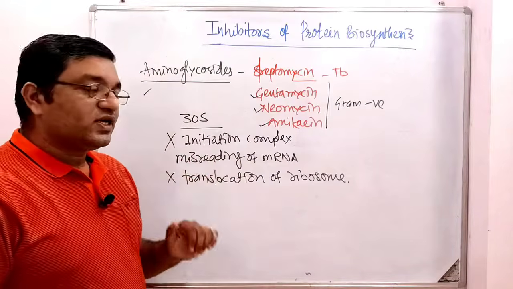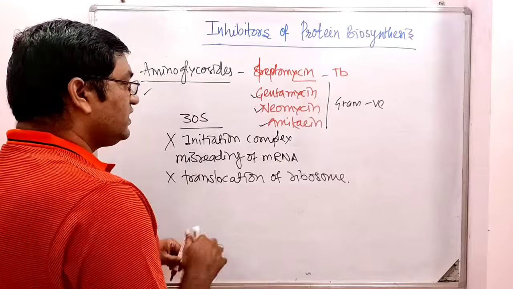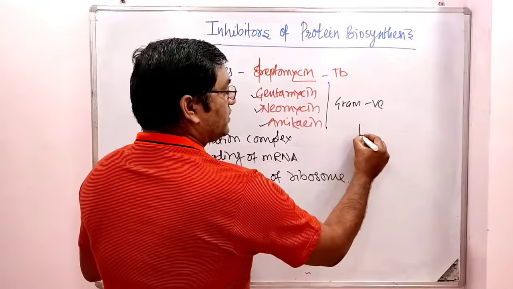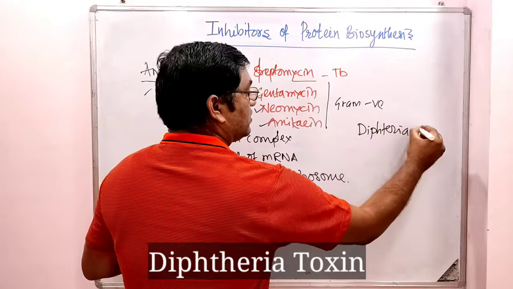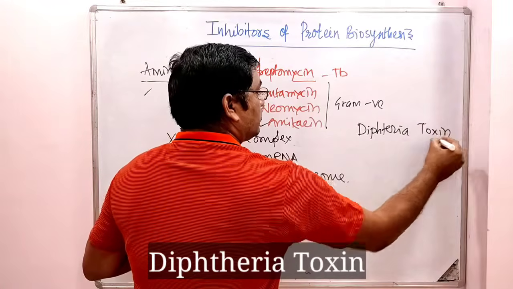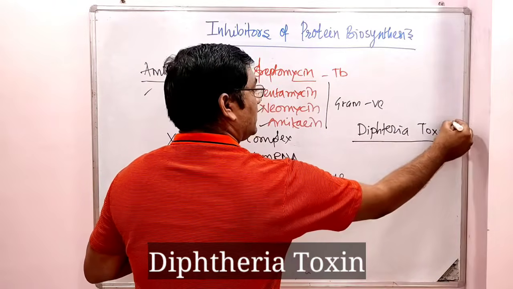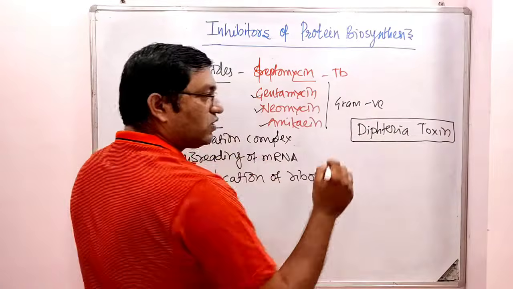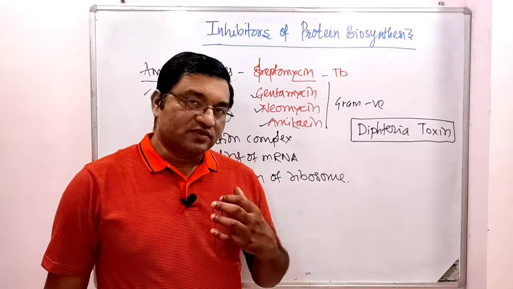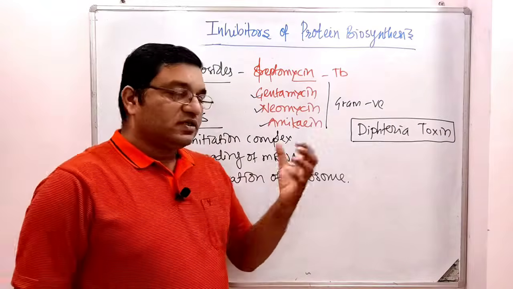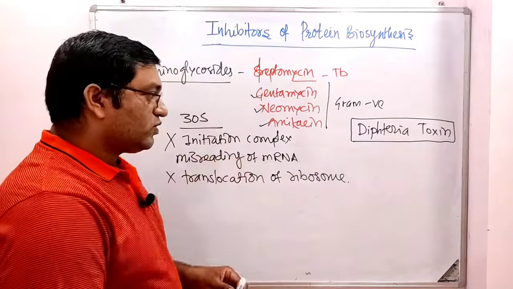Now coming to the eukaryotic inhibitors, it mainly includes diphtheria toxin. It is produced by Corynebacterium diphtheriae, which causes infection in the nasopharynx.